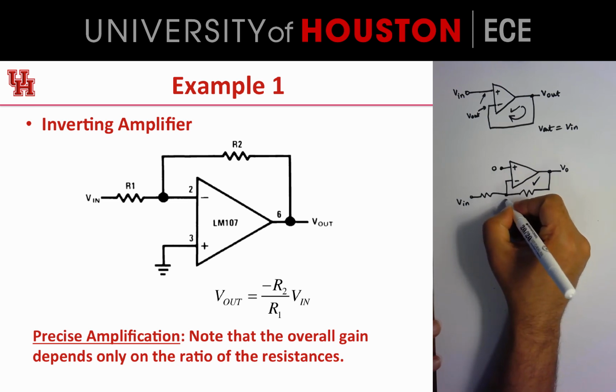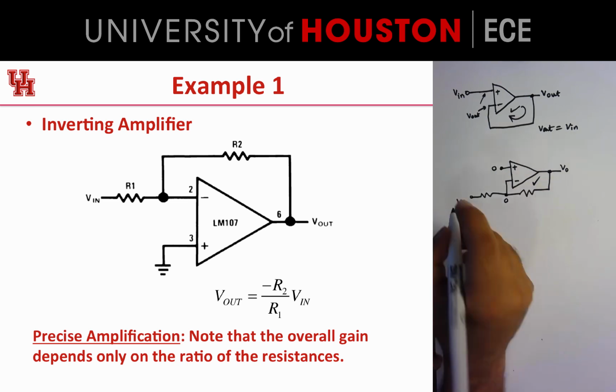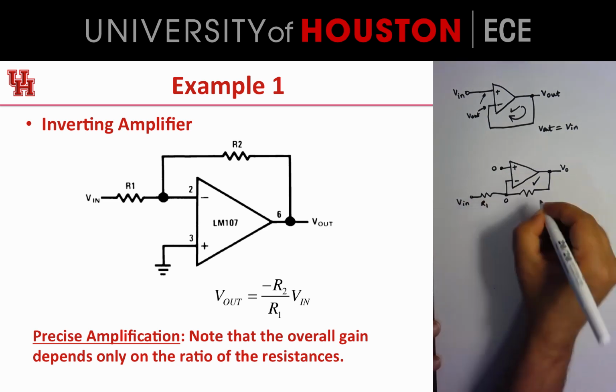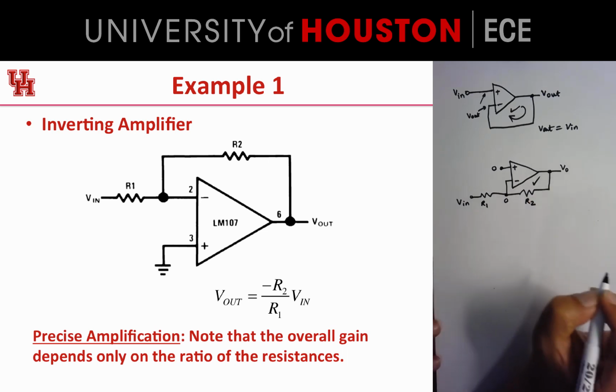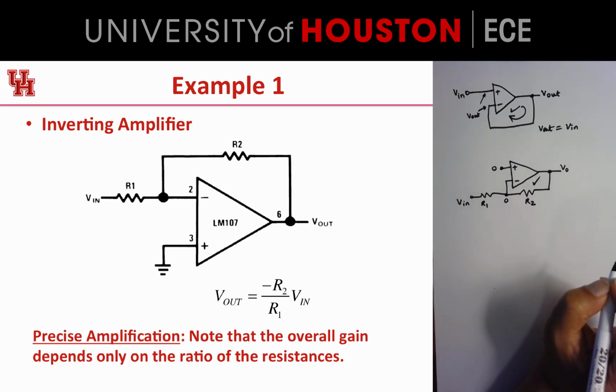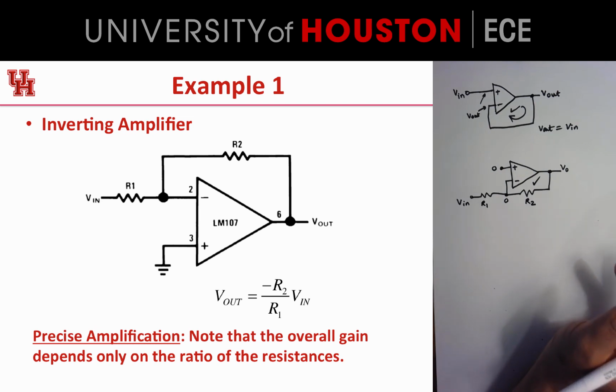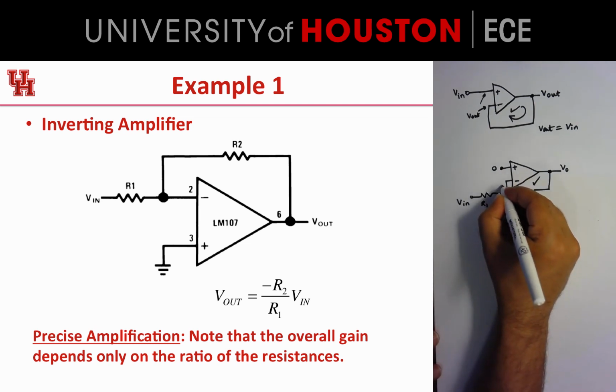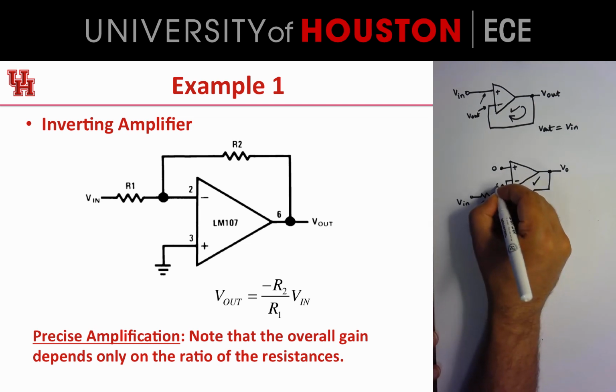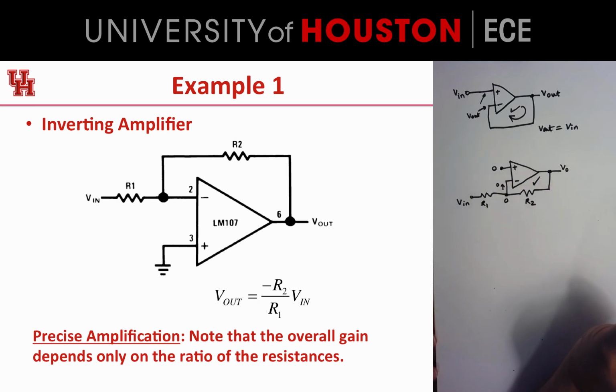So that means this voltage will also be 0. So if this resistance is R1 and if this resistance is R2, then we can just solve this circuit. Now in solving the circuit, we also need to keep in mind that this current is 0, right? So that's all there is to it.